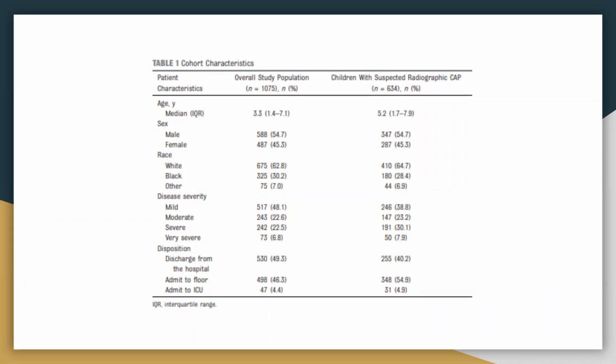And then, after the physicians saw the patient and reviewed their test results, they were asked to categorize the patient into a risk category of less than 1% likely to have a severe outcome, 1 to 5%, 5 to 10, 10 to 25, 25 to 50, 50 to 75, or 75 to 100%.